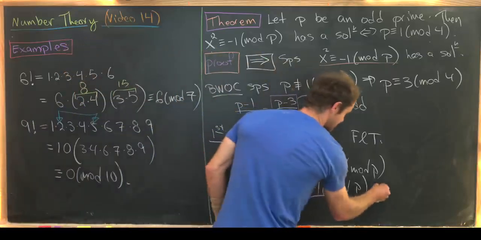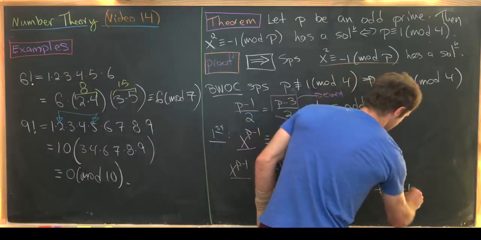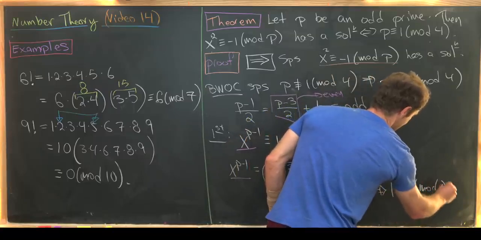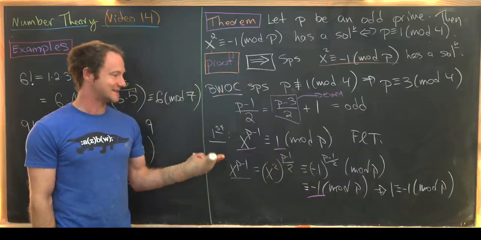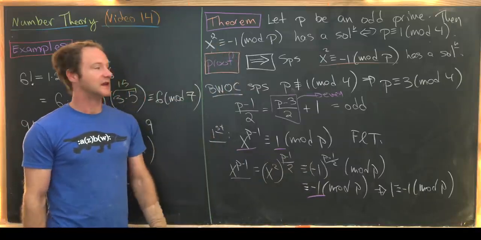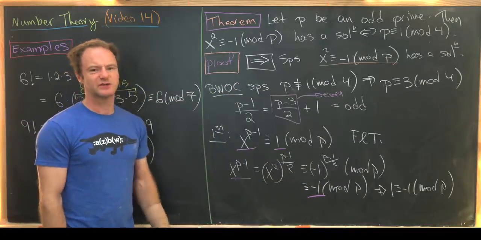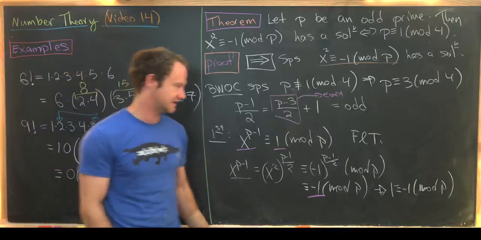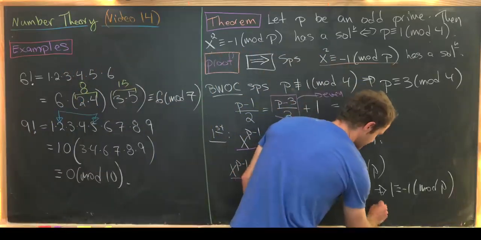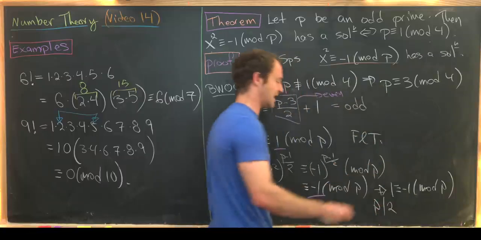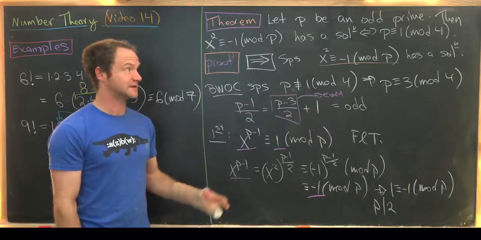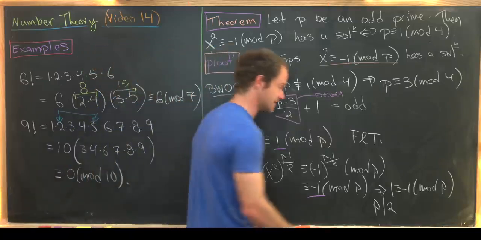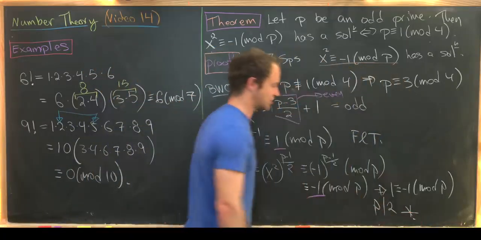But that tells us that 1 is congruent to minus 1 mod p, which is impossible if we're dealing with odd primes. Just to put it into perspective, by the definition of congruence mod p, that means p divides 2. But again, no odd primes divide 2. That's pretty obvious. So that leads us to our contradiction.